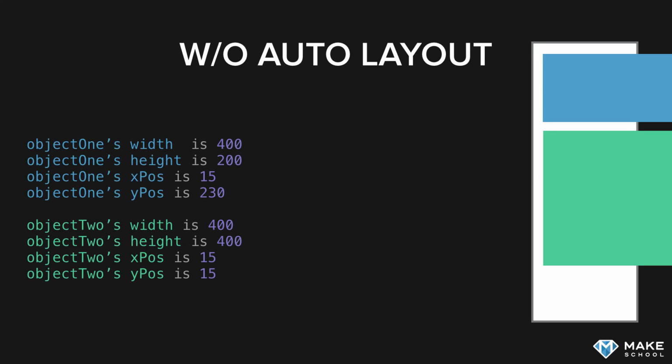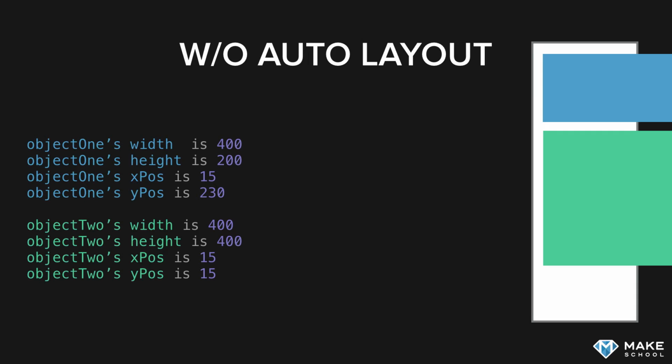Now, because we already told Object 1 and Object 2 that they're both 400 wide, they're wider than the screen that they're supposed to fit on. In fact, they're so wide they no longer even fit on the slides. This is a problem. Without auto layout, you would have to know what all the possible screen sizes are, and you would have to assign different values depending on which screen resolution you're using. This is where auto layout comes in and saves the day.